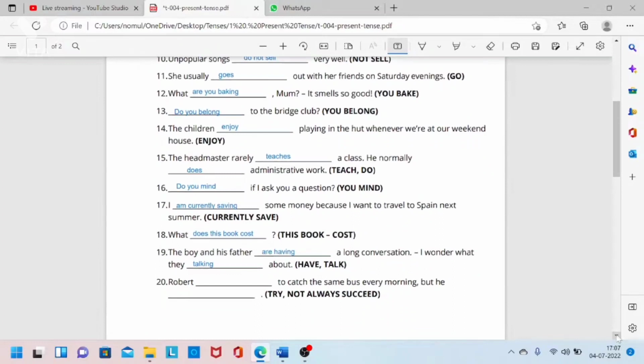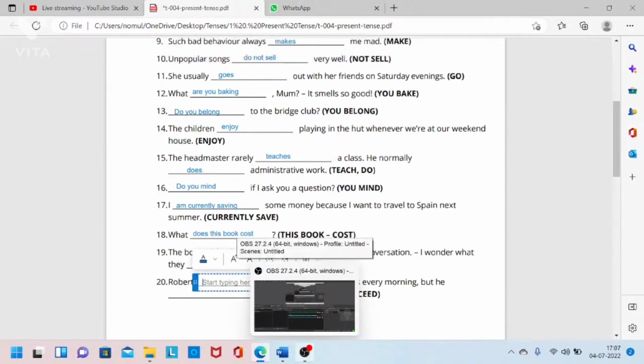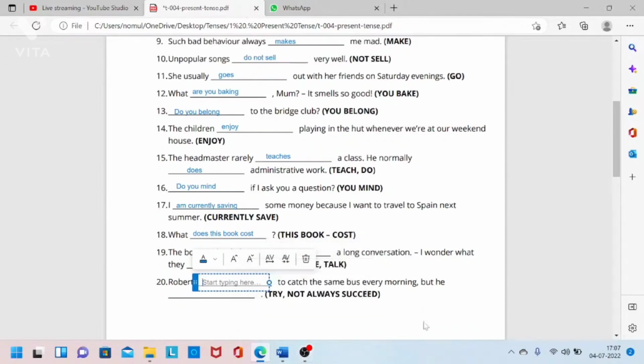Actually, without the help, it might be very difficult for you. I understand. So using try, not always succeed, you have to go. Robert dash to catch the same bus every morning, but he dash. So Robert tries. Try becomes tries, like we use es here.